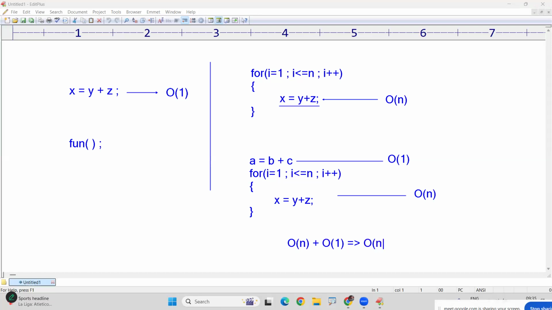So the final value of this is order of n. This is what we call big O notation. This is the way we find the time complexity.